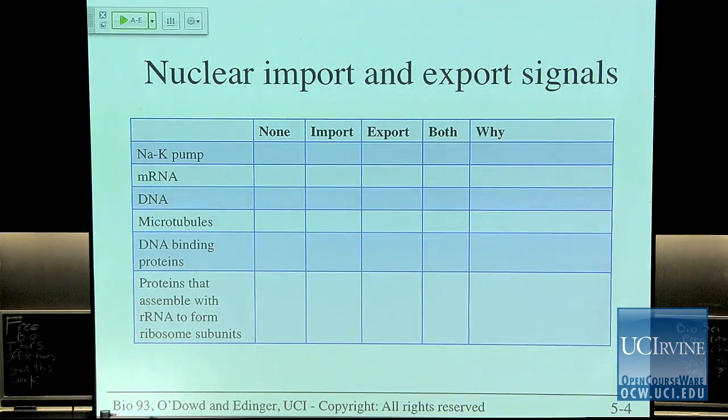To answer these questions, you have to look at each one of these things and decide, where is it made in the cell, and where does it function in the cell? And then that will allow you to make a good guess at whether it needs a nuclear import, export, neither, or both signals. So go ahead and talk to your neighbors. This is in your notes, so fill in this table as best you can. And then we'll talk about why.